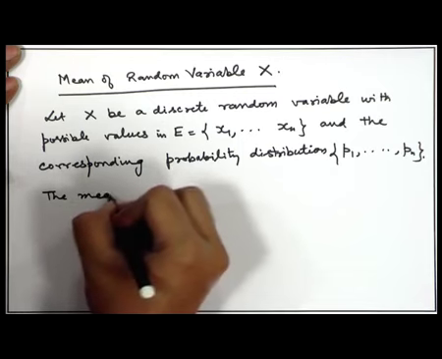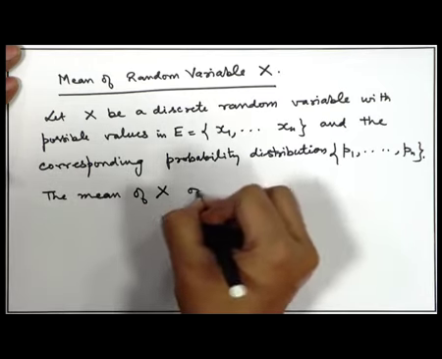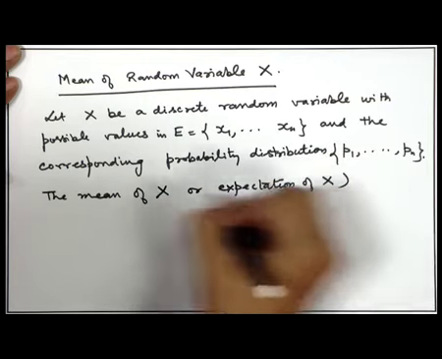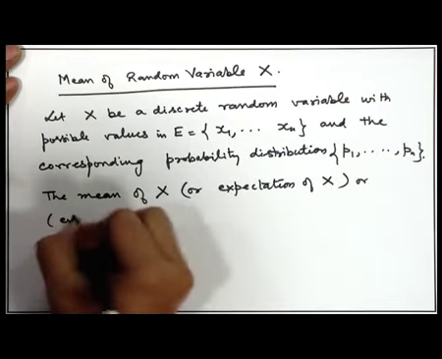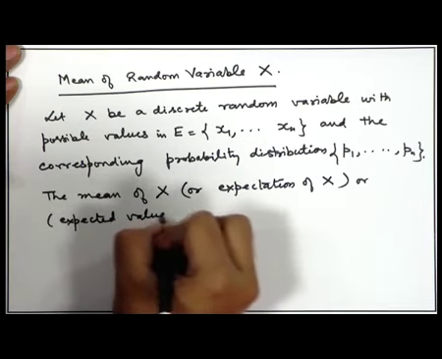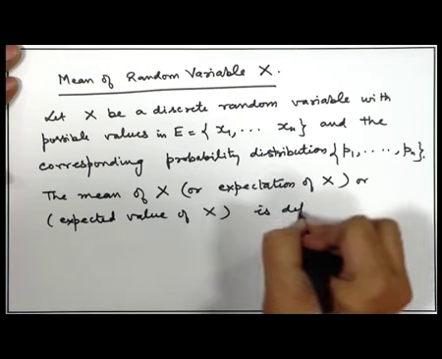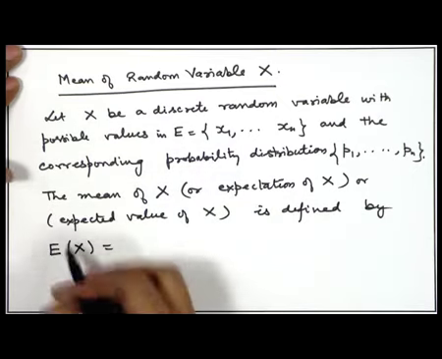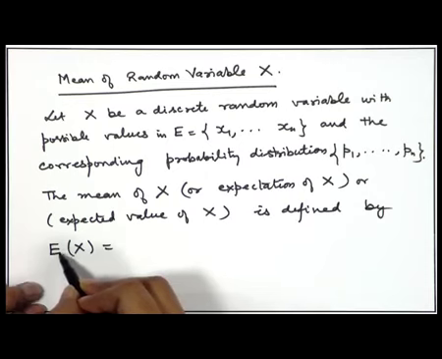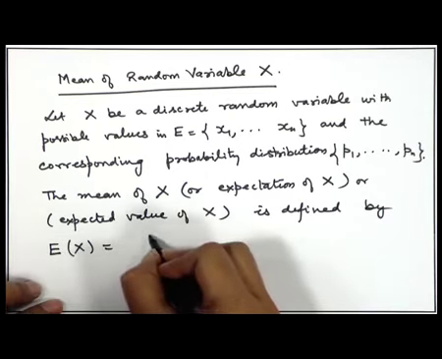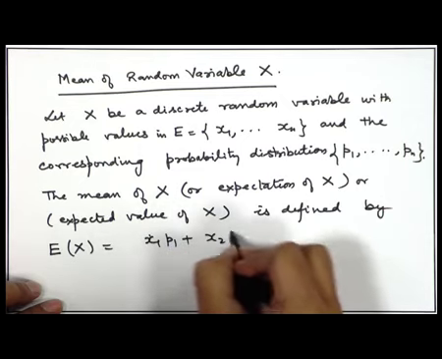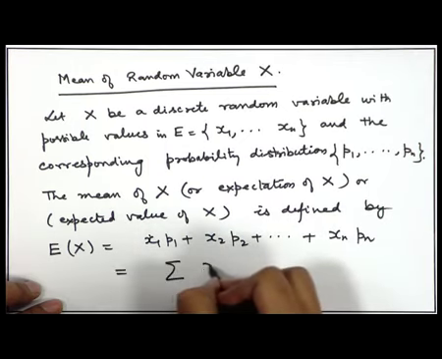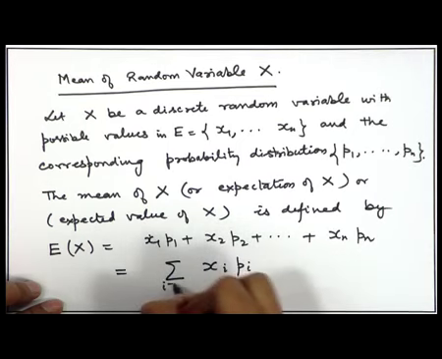The mean of x or expectation of x or expected value of x is defined by, so this is the notation, expectation value is defined as Ex, that is x1 into p1 plus x2 into p2 plus and so on xn into pn, that is equal to sigma xi into pi, i is equal to 1 to n.